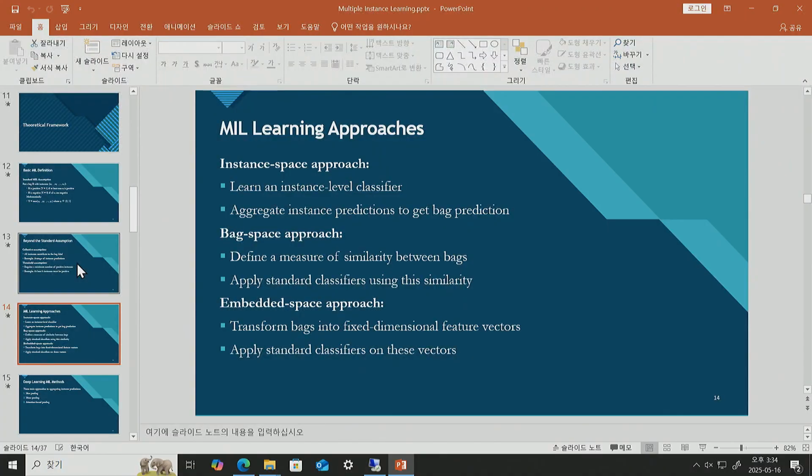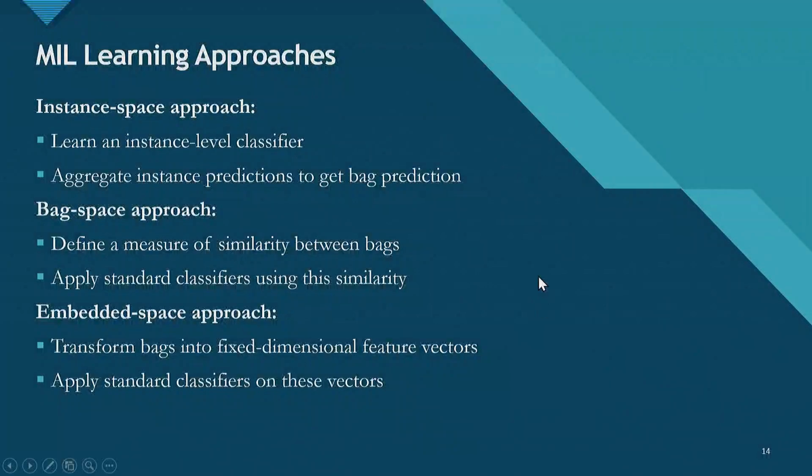Then we have the bag space approach, in which we try to find the similarity between different bags and apply standard classifiers using this similarity. And at the end, we have the embedded space approach, in which we transform bags into fixed dimensional feature vectors and apply a standard classifier on these vectors.